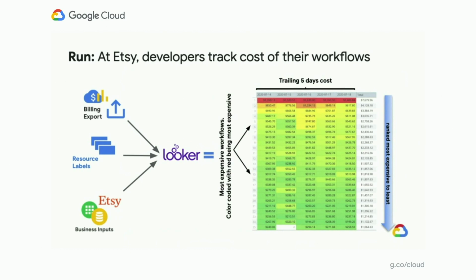Once we have all of this data, again, we merge it together in Looker, we are able to visualize this heat map, which shows the trailing 5-day cost for all of those workflows that are either associated with an individual or with a specific product initiative. Also, we are using color coding. The color coding makes it much easier for people to spot any changes and anomalies.